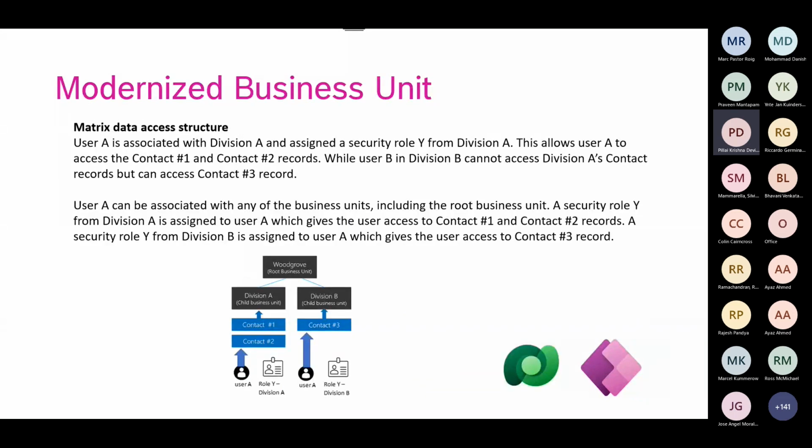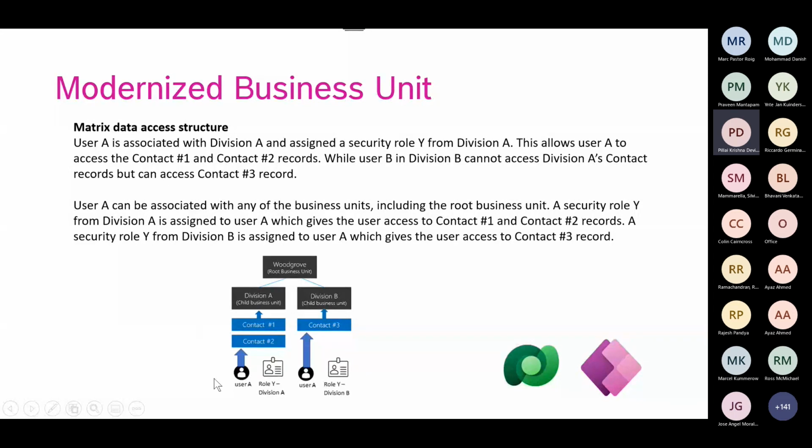So here, let me talk about the matrix data access structure, which is a well-known structure for all of us. This is a typical standard example that we have all seen from Microsoft and adopted. See, user A is here, who belongs to the division A child BU. Can he access the records which are in the parent?